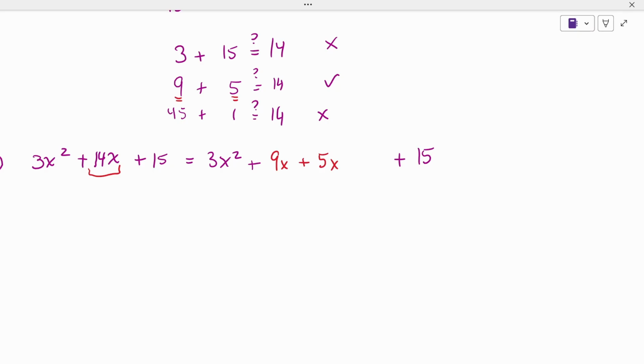So if I found, say, that 3x squared plus 9x plus 5x plus 15 didn't work, then I would switch the order of my middle terms to see if I could get a better setup for the factor by grouping technique. Now, because I've done this so much, I could already tell that I needed my 9x to be parked next to my 3x squared because 3 divides 9.